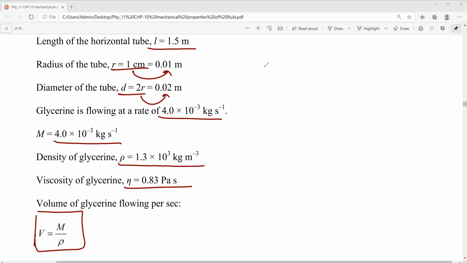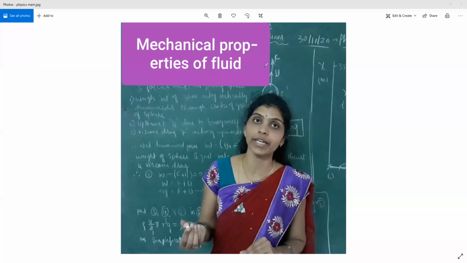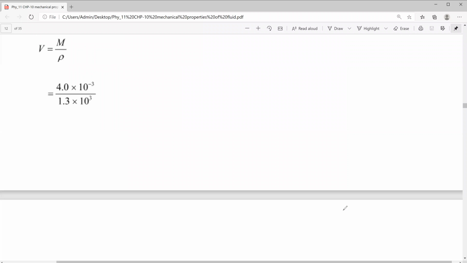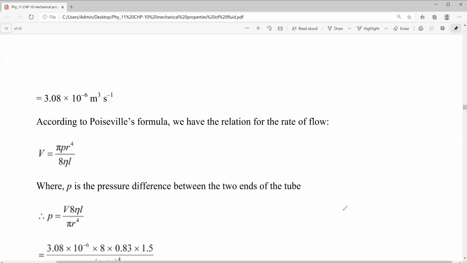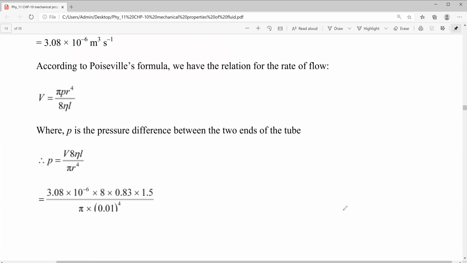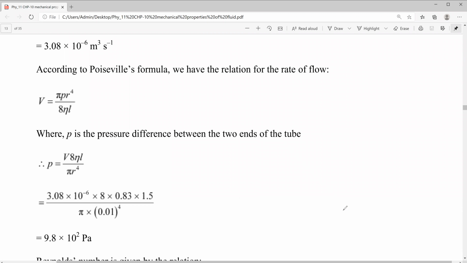Substituting mass and density, the volume we got is 3.08 into 10 to the power of minus 6 meter cube per second.